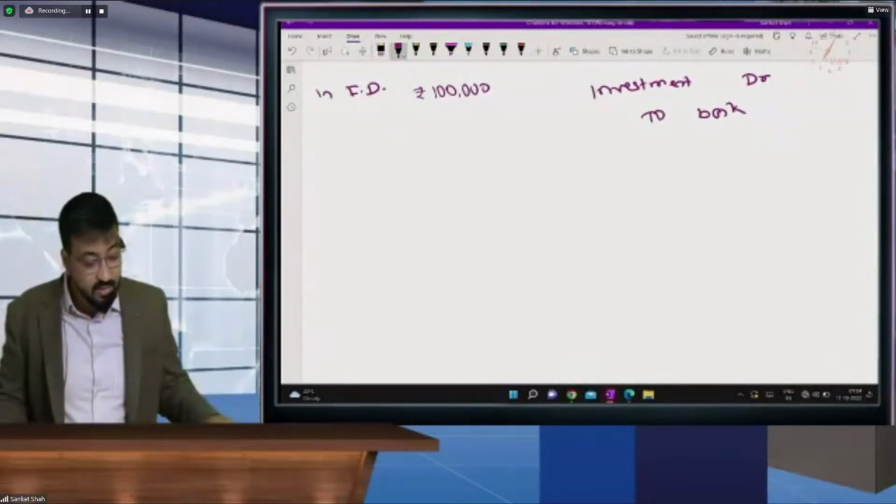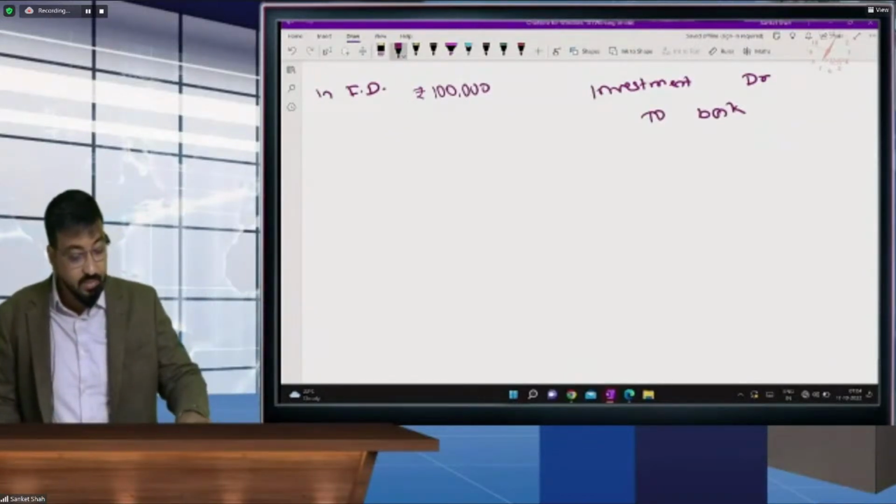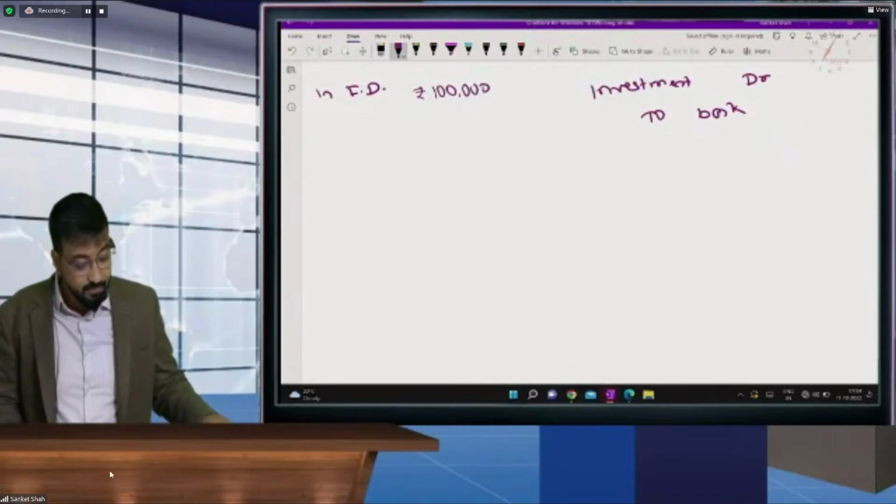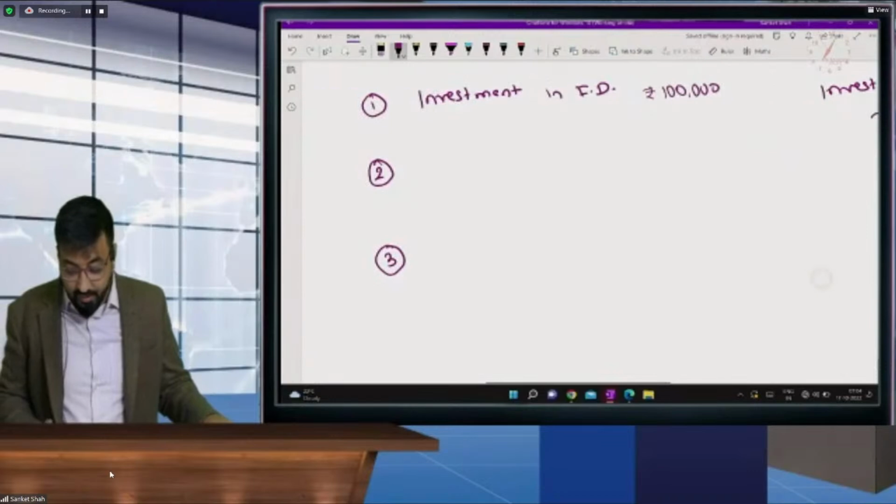Anish Ojha answered very fast. Investment account debit to bank. So investment account debit to bank is the entry. Very good, beta.